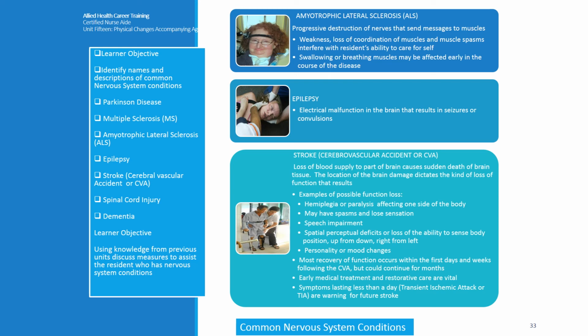S stands for speech. Have them talk to you. See if their words are slurred. See if they even make sense. Some people with a stroke may have aphasia, where they can't speak at all.